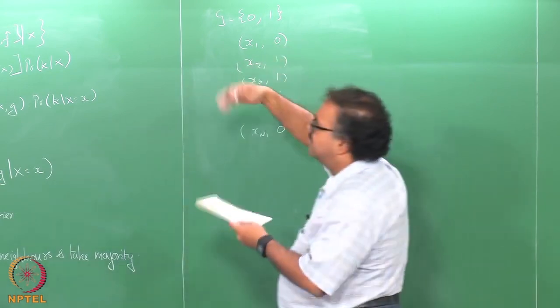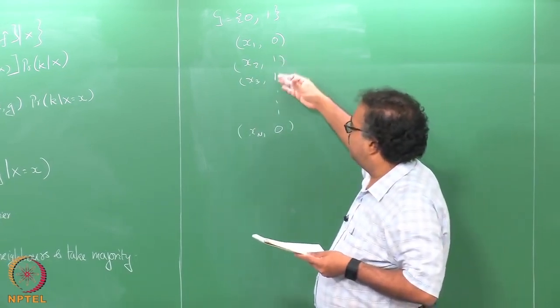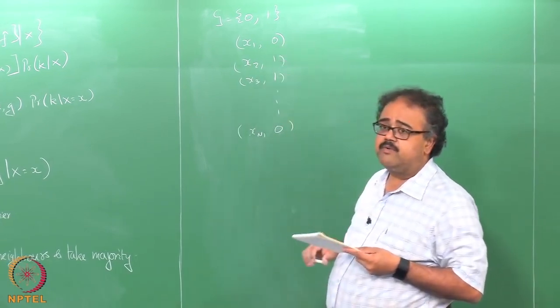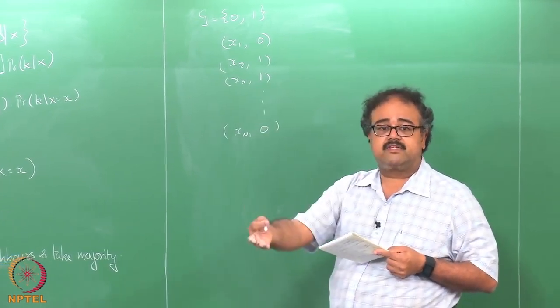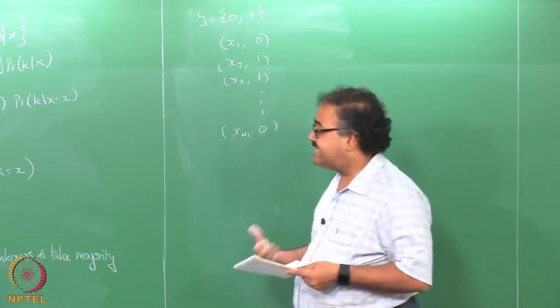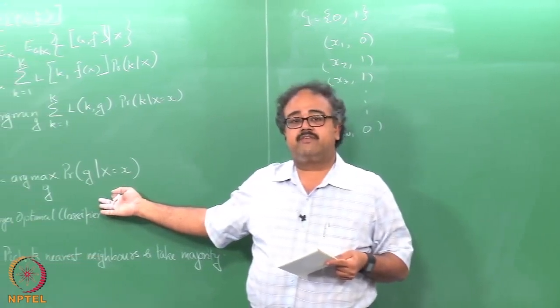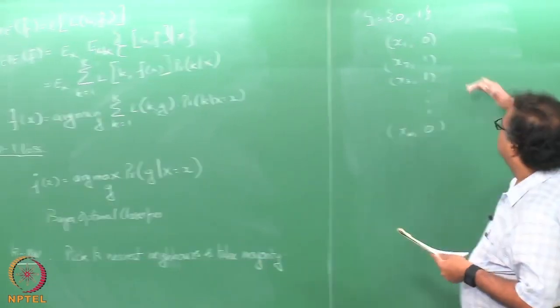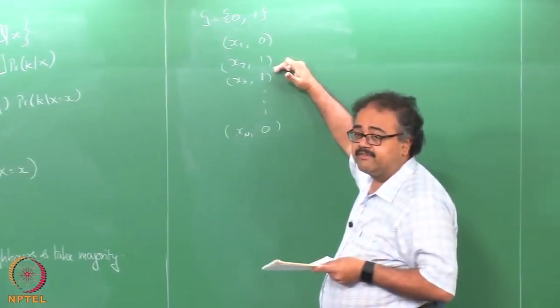Instead of having some arbitrary symbols g1, g2, I am going to have 0, 1, 1, 0 and so on and so forth. Now, I can solve this as a regression problem, and whatever output I get, I can treat that as an estimate of the probability of g given x, if you think about it, right. So, probability of g equal to 1 given x.